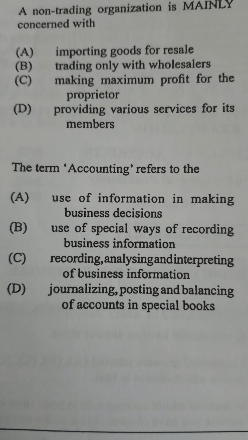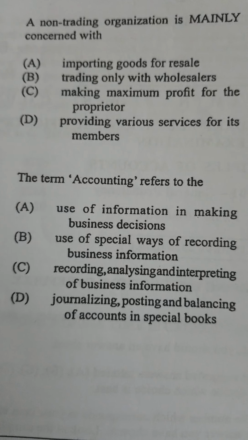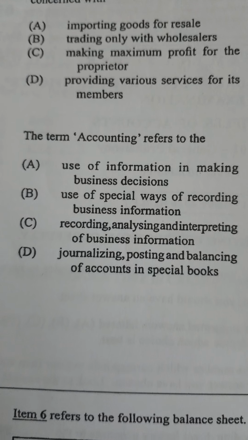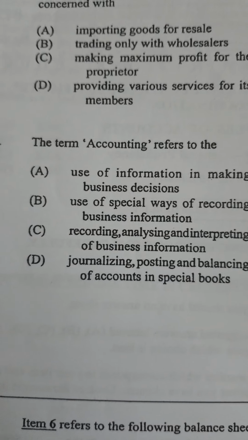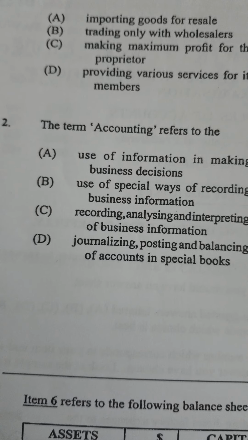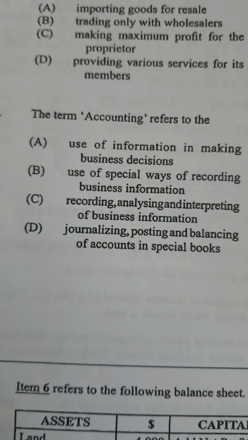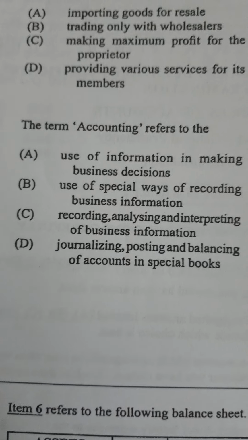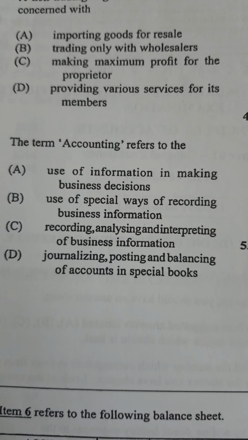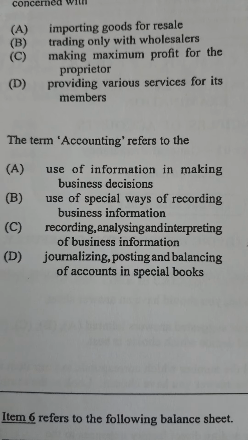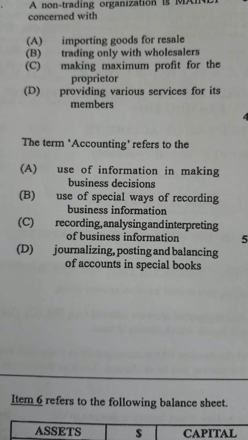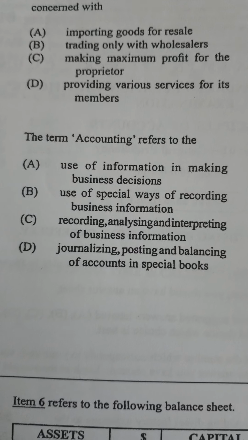Let's look at the second question. The term accounting refers to, and it gives us a number of options. Use of information in making business decisions, the use of special ways of recording business information, recording, analyzing, and interpreting of business information, and the last option is journalizing, posting, and balancing of accounts in special books.